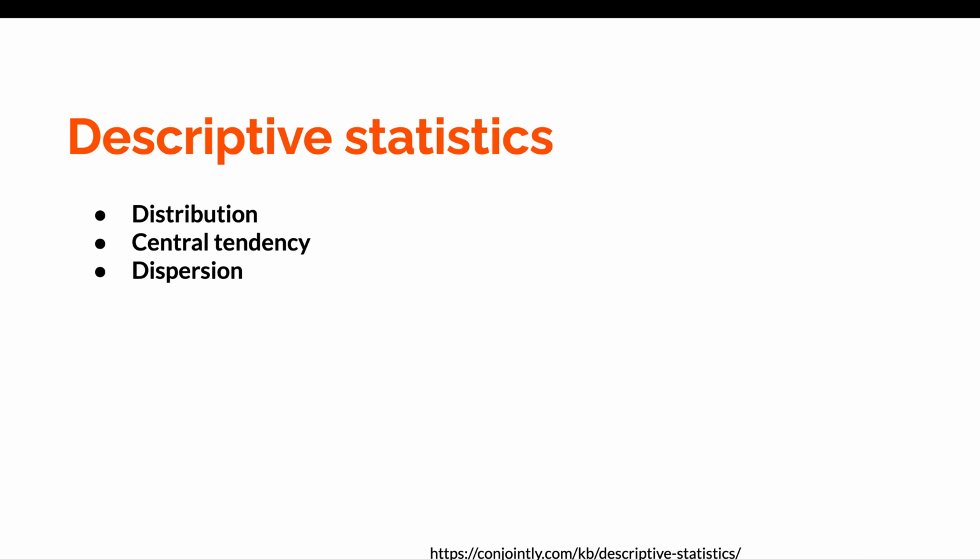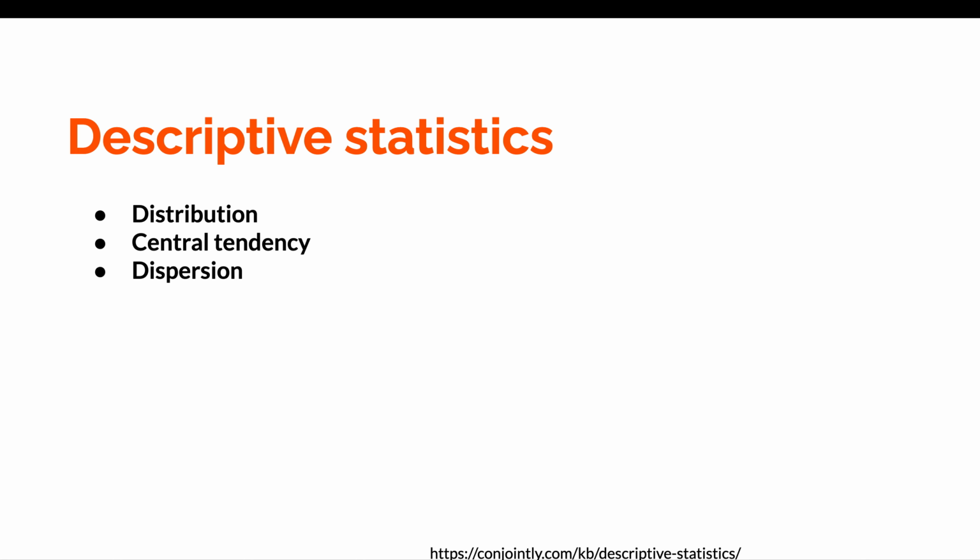So when we talk about descriptive statistics, there are 3 main points. The first point is distribution. By that I mean when you have a large amount of data, you want to see what kind of values are there in your data and how many times those values are repeating.